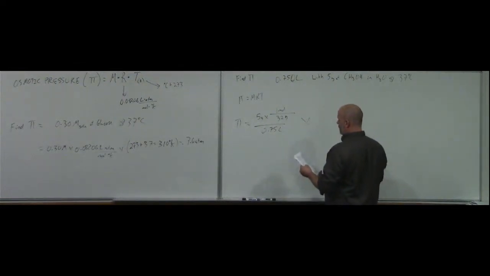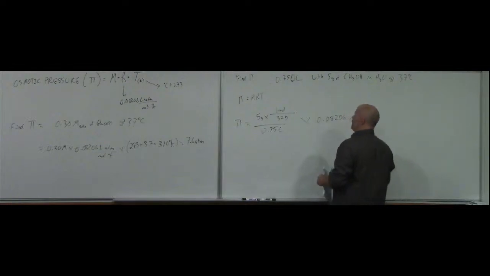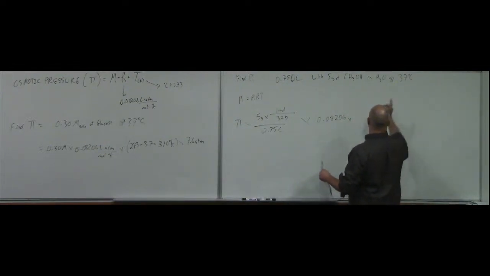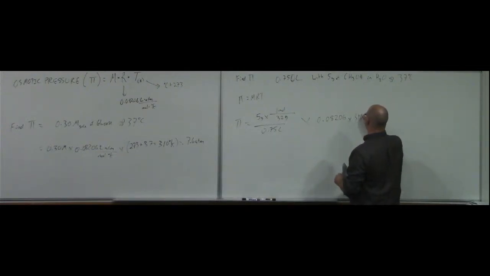Now I multiply this all by 0.08206 times my absolute temperature, which is 273 plus 37. That's the same as it was the last problem, so that's helpful. So it's 310 degrees Kelvin.